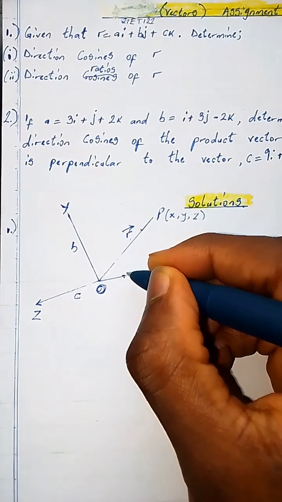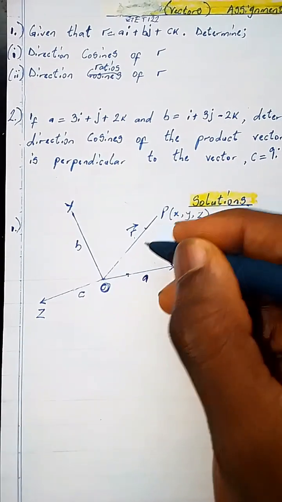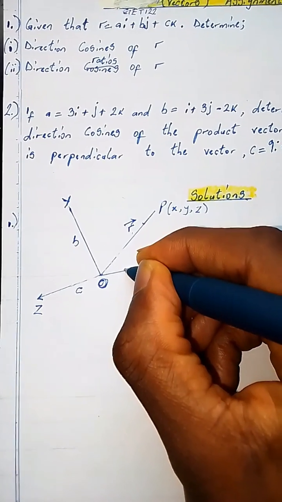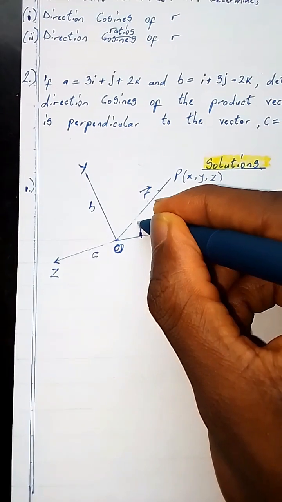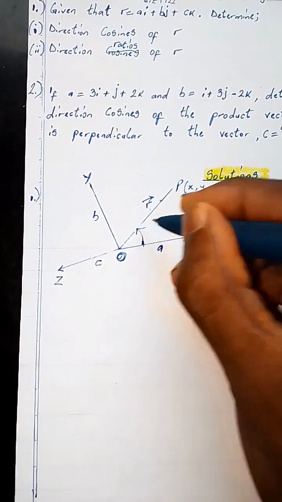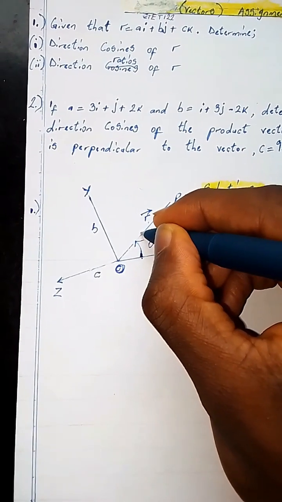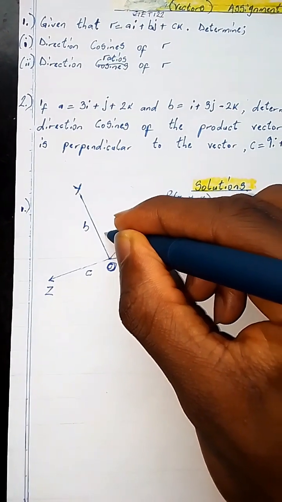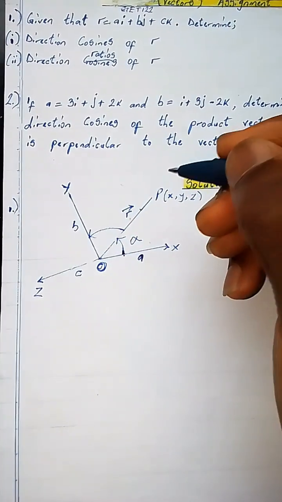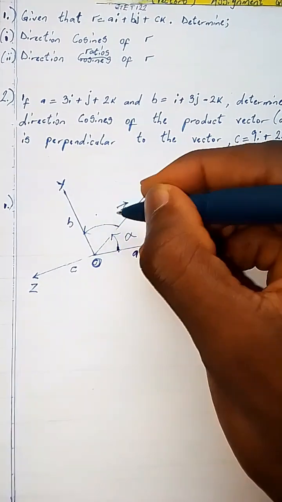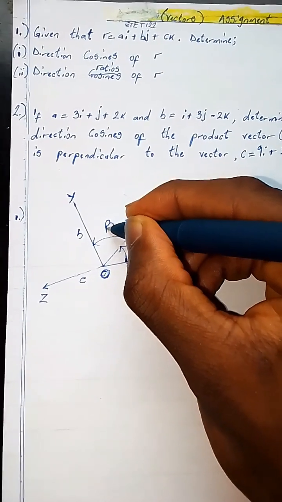So now this is the vector OP. The angle that OP makes with the x-axis is going to be alpha, and when OP meets with the y-axis, they will form a beta angle.